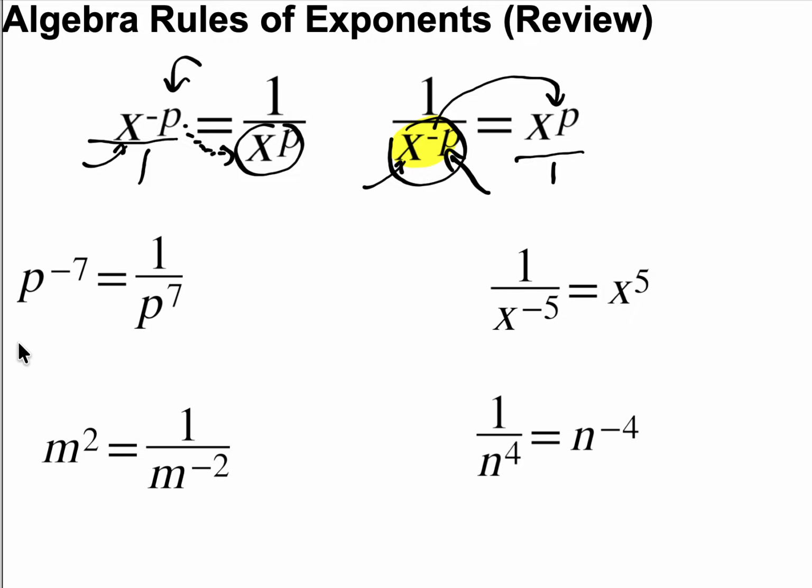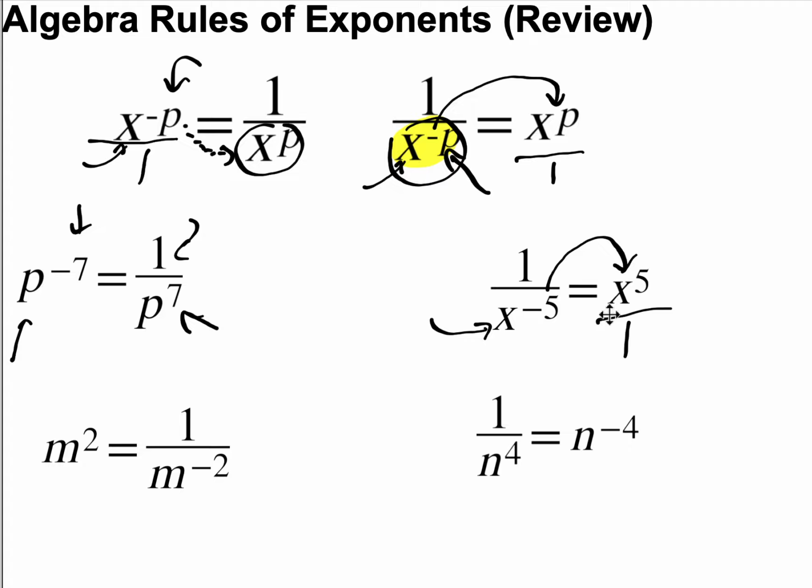So here, for instance, I have p to the negative 7th. If I wanted to write that with a positive exponent, that becomes 1 over p to the 7th. If I have 1 over x to the negative 5th, I can get that variable out of the denominator and write that as x to the positive 5th.